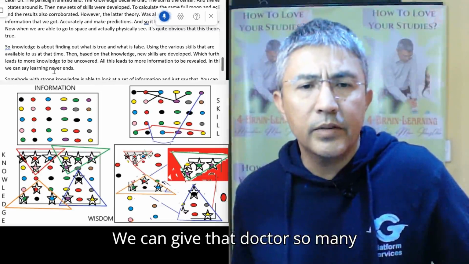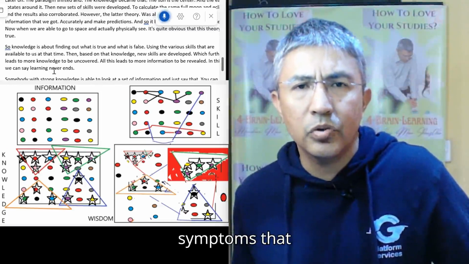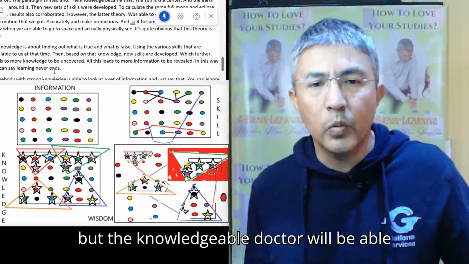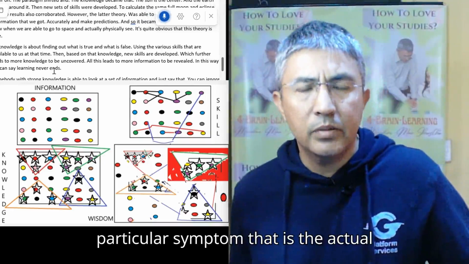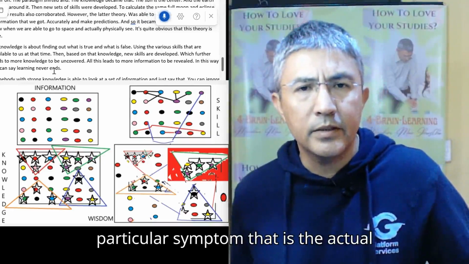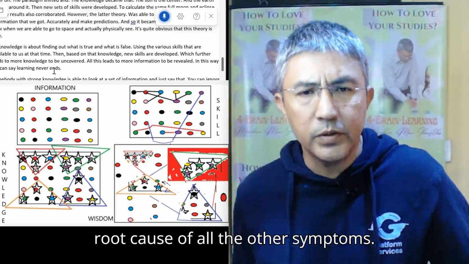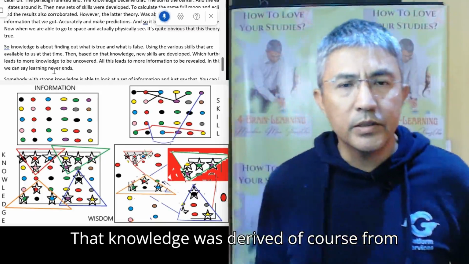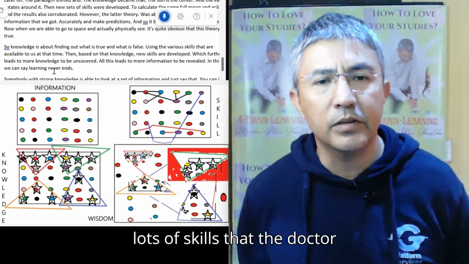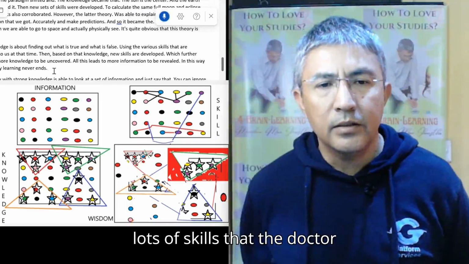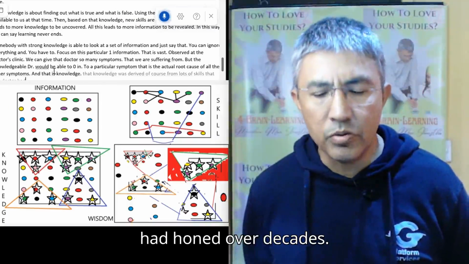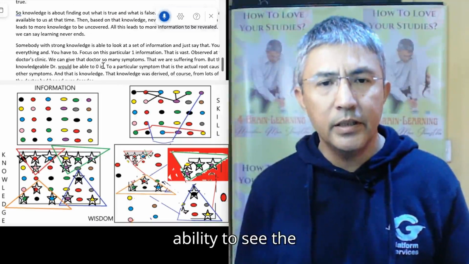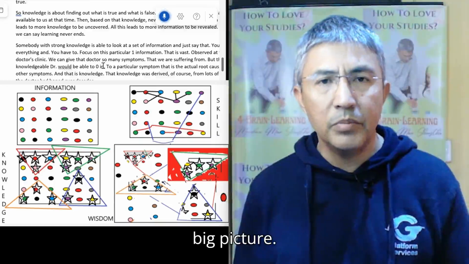We can give that doctor so many symptoms that we are suffering from, but the knowledgeable doctor will be able to zero in to a particular symptom that is the actual root cause of all the other symptoms, and that is knowledge. That knowledge was derived, of course, from lots of skills that the doctor had honed over decades. Having knowledge is about the ability to see the big picture.